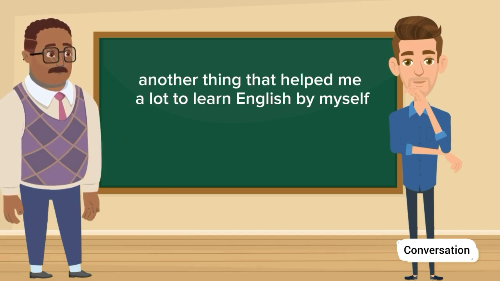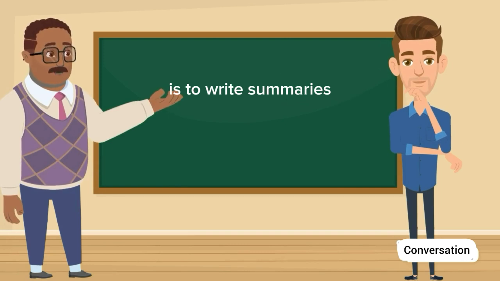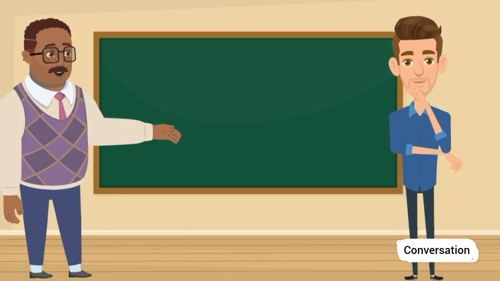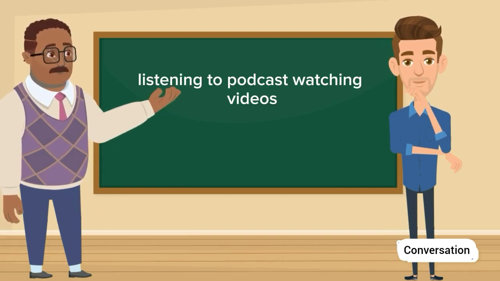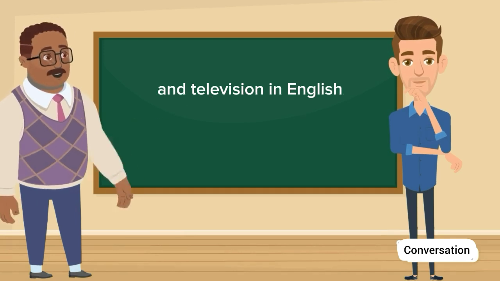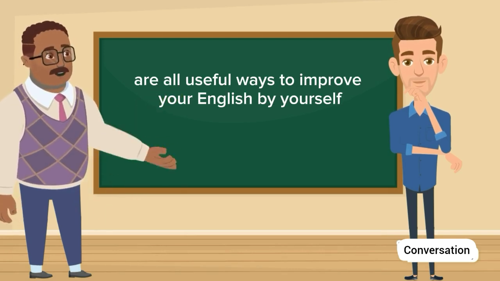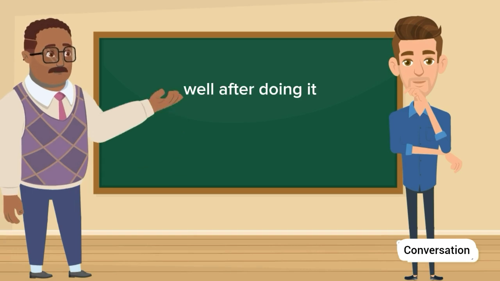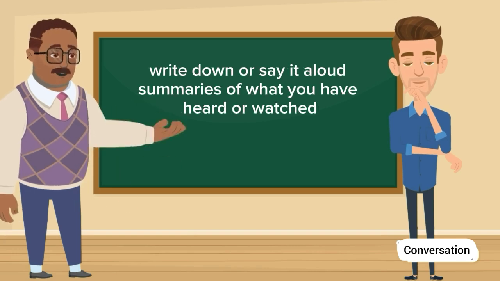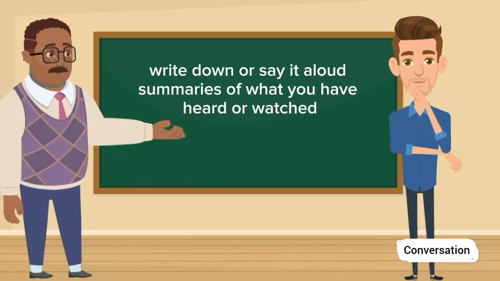Another thing that helped me a lot to learn English by myself is to write summaries. Listening to podcasts, watching videos, and television in English are all useful ways to improve your English by yourself. Well, after doing it, write down or say aloud summaries of what you have heard or watched.